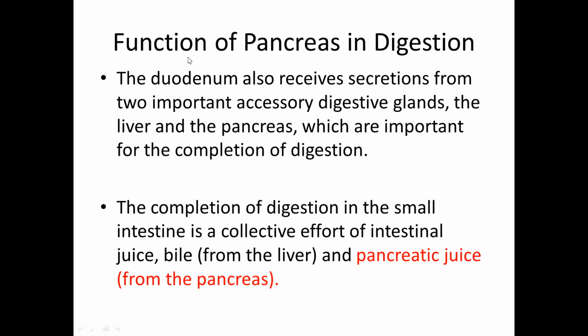Again, the pancreas plays a very important role in digestion. The duodenum receives very important enzymes from the liver and pancreas. From the liver, we get the bile, while from the pancreas, we receive pancreatic juice.